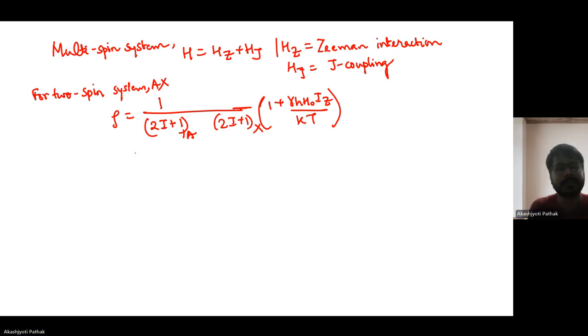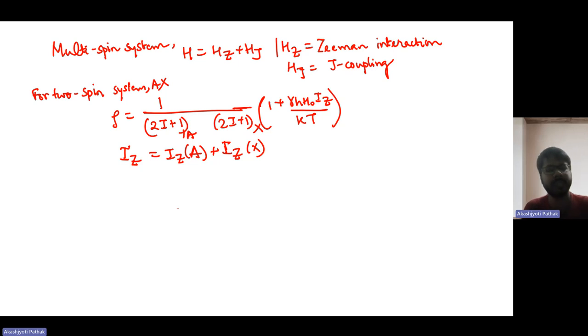So this Iz is the Zeeman interaction. Due to Zeeman interaction, what is the Iz of this nucleus A? And this Iz operator acts on the spin A and the spin X.